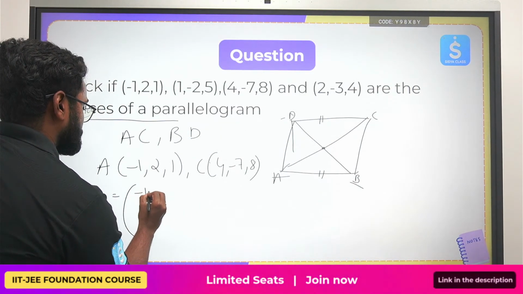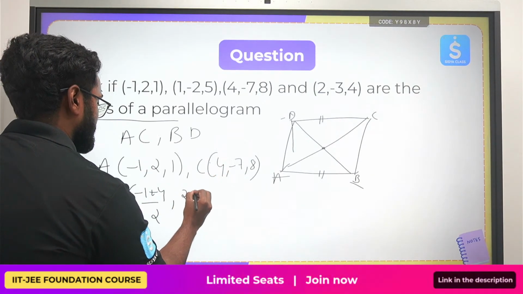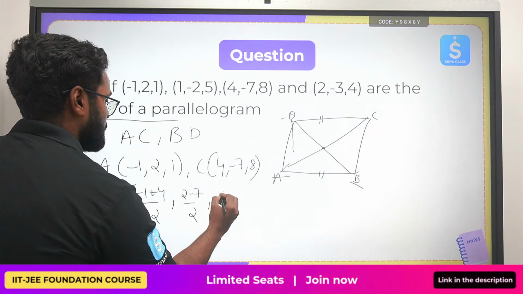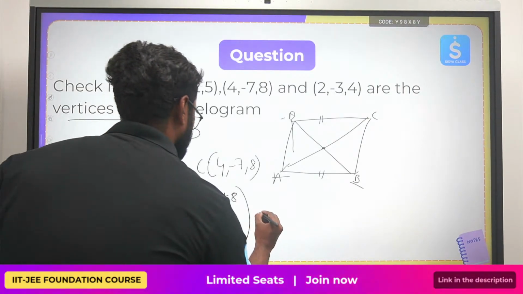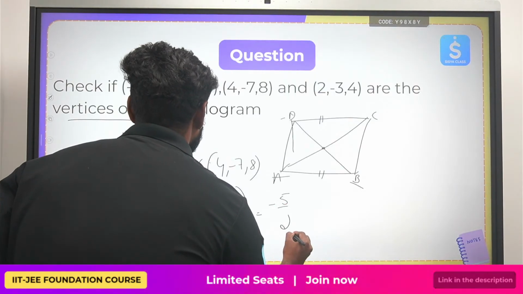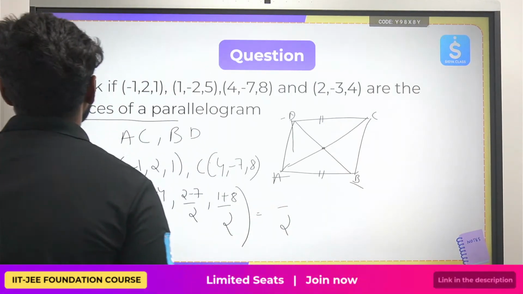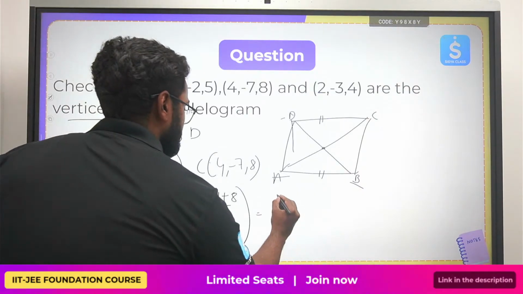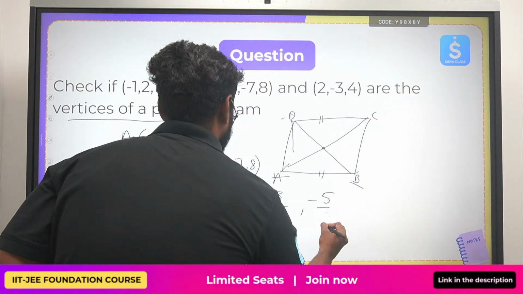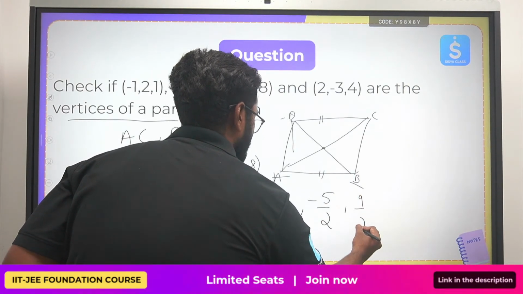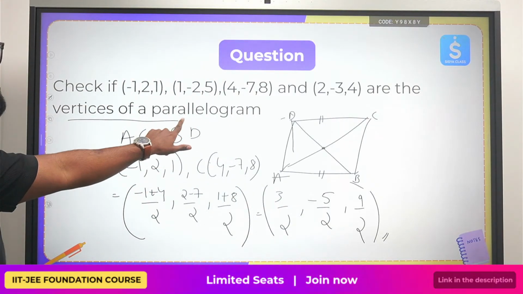Minus 1 plus 4 by 2, comma 2 minus 7 by 2, comma 1 plus 8 by 2. That should be equal to 3 by 2, comma minus 5 by 2, comma 9 by 2. We have one midpoint.